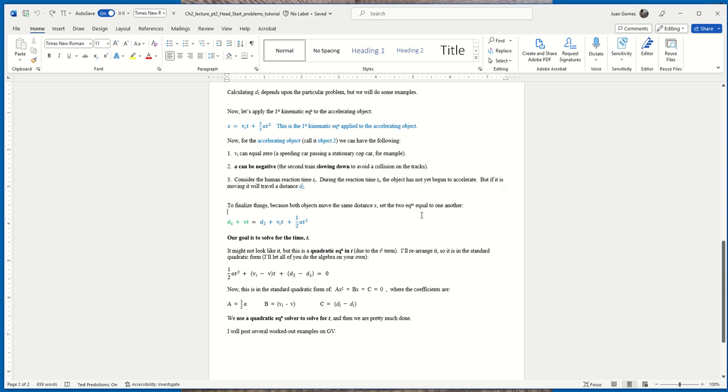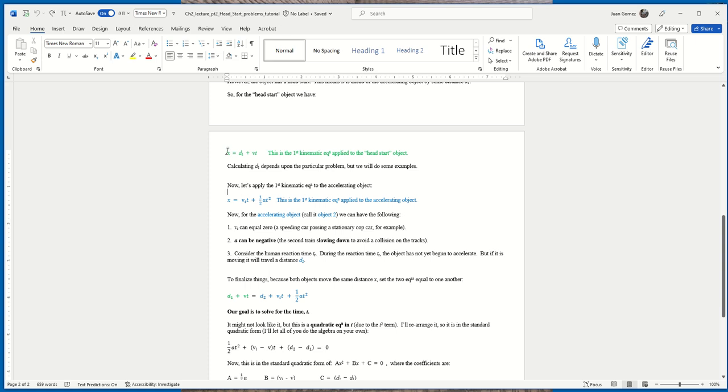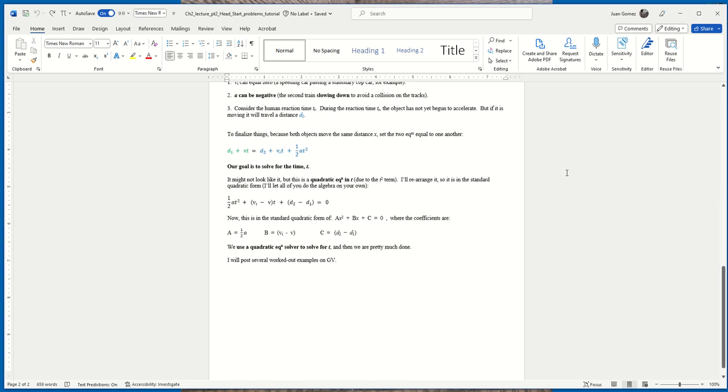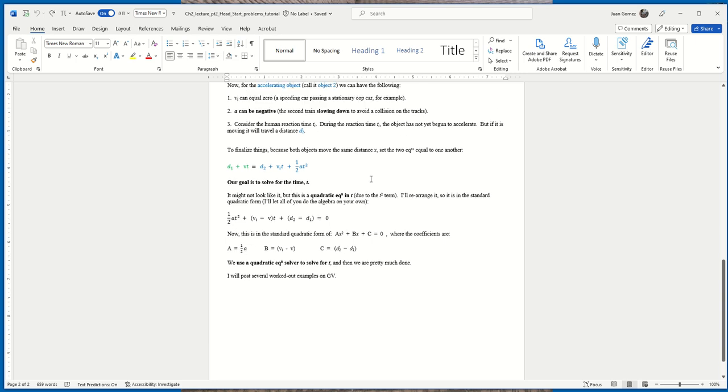Now remember, both objects move the same distance x, so simply set the two equations equal to each other. For the object moving at a constant speed, object 1, x is d1 plus v t. For the accelerating object, object 2, x is d2 plus v_i t plus 1/2 a t squared.